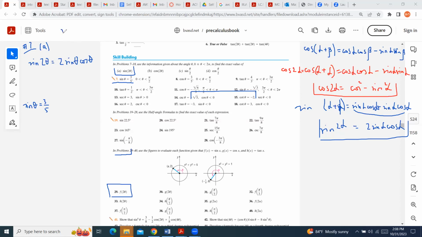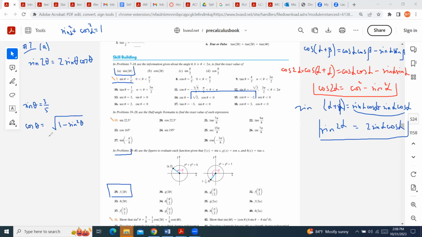How to find cosine? Well, there is a universal formula called the Pythagorean theorem, that the sum of squares of sine and cosine for whatever angle, doesn't matter, theta, alpha, whatever you put, will be equal to 1. Which means that if I'm looking for the cosine, then I have to bring sine over to the other side, subtract it from 1, that's sine squared, and then extract the square root.